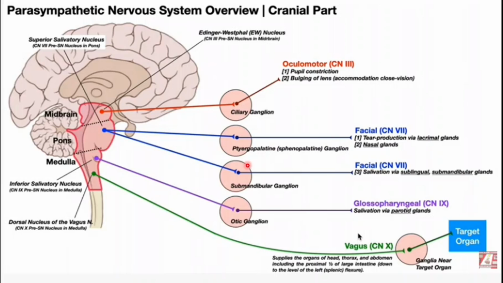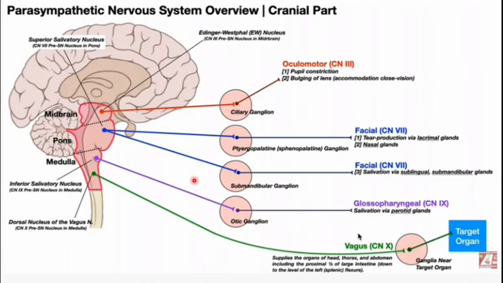We have two ganglia. One is known as the sympathetic chain ganglia, also known as the paravertebral ganglia, which lies very near to the spinal cord, and the other is known as the prevertebral ganglia, which lies near to the body organ.